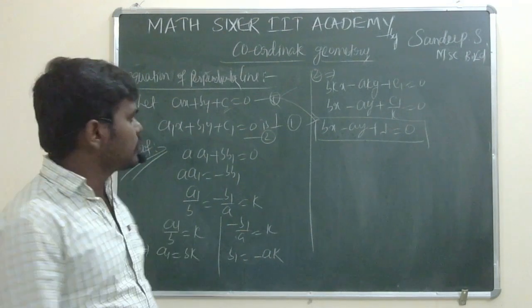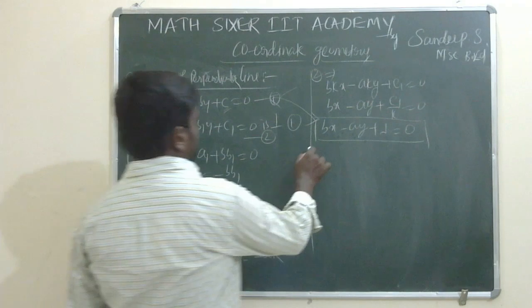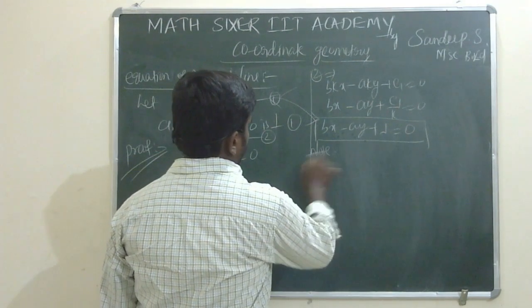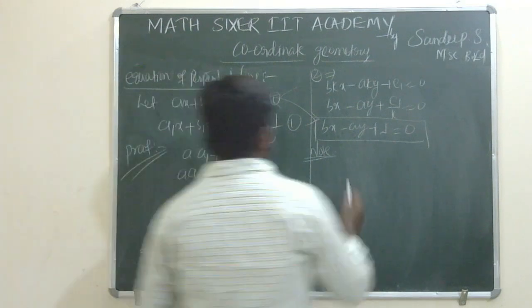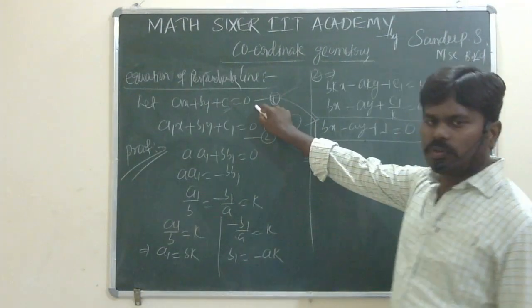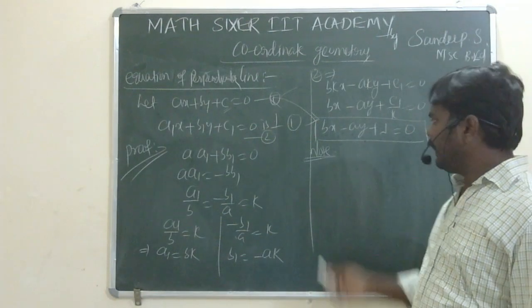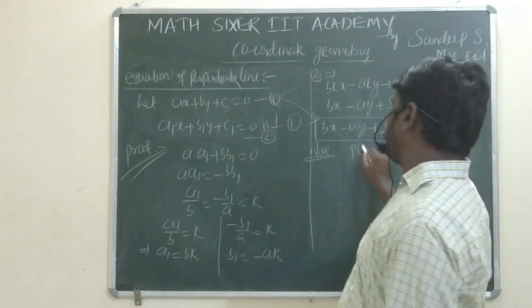Okay, so now again note, right? We have to find the equation of a straight line which is perpendicular to ax plus by plus c is equal to 0, and also which is passing through the point P of x1 comma y1.